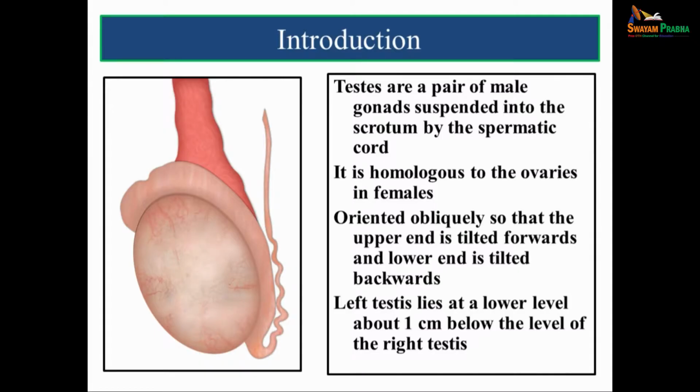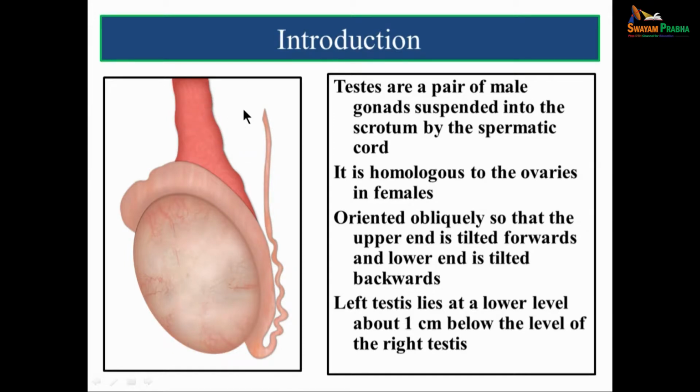Now, testis. Here you can see I have put it as testes. This is the plural form of testis. Testis is singular, and if you refer to both, you put it as testes. So, the testes are a pair of male gonads which are suspended in the scrotum by the spermatic cord.